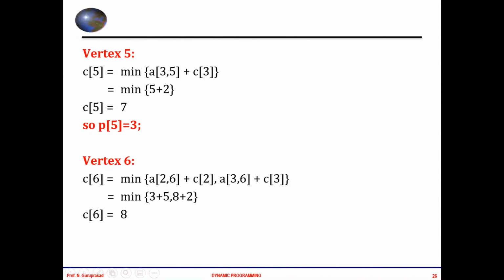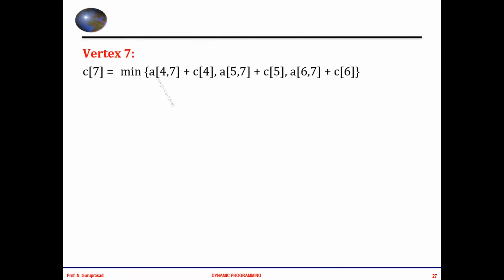Please check it out. C of 6 is 8 and P of 6 is 2. Calculate vertex 7. C of 7 is 9 and P of 7 is 4.